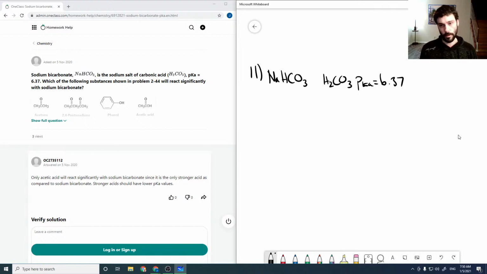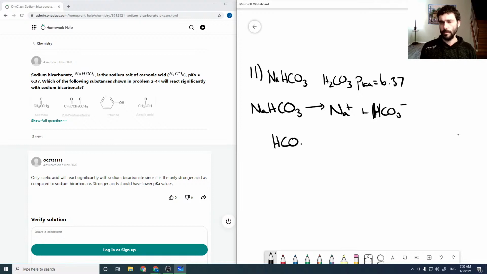To answer this question, we just have to look at what we have in our solution. Sodium bicarbonate is a salt, so we're going to get Na plus and HCO3 minus, in basically 100% yield. Our HCO3 minus is going to want to react to yield H2CO3 plus OH minus.